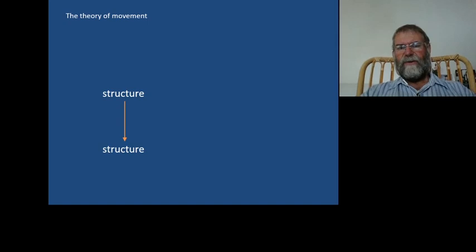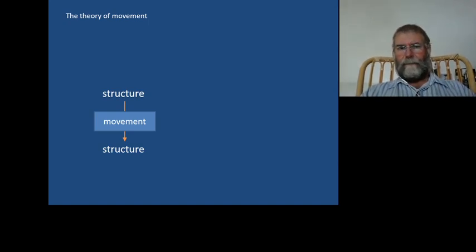The kind of structure that you get before anything moves and the kind of structure you get after movement. So there are two different levels, as it were, of description of the structure of any sentence.